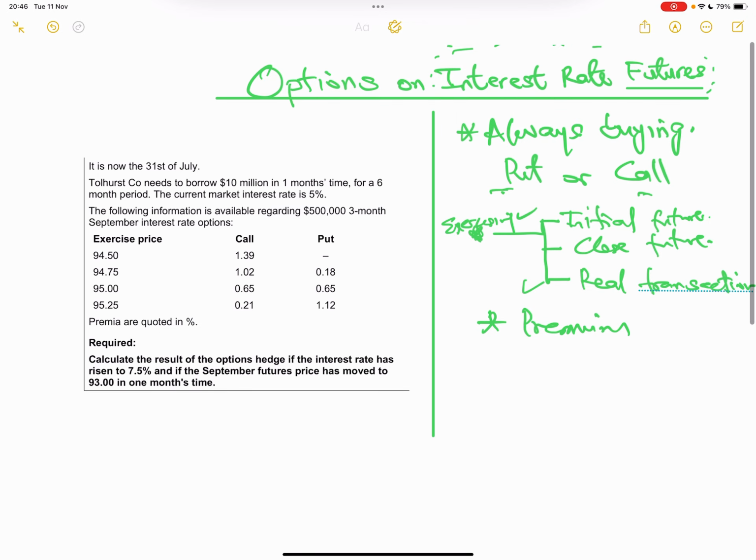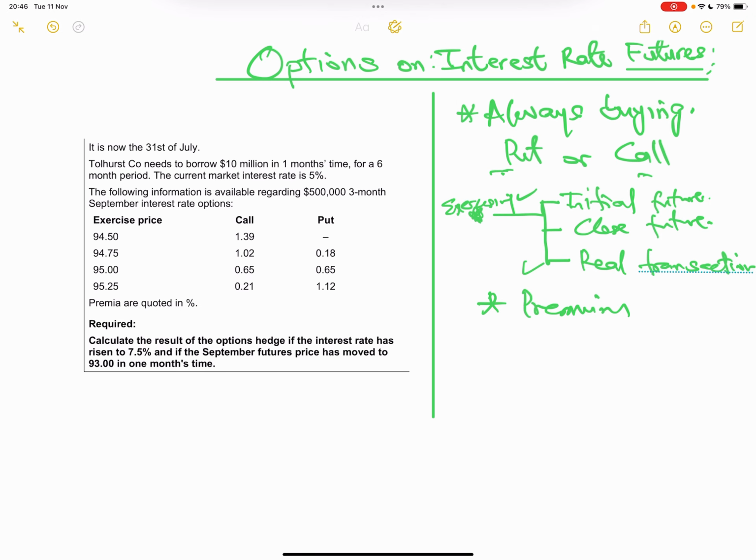So let me use this question to explain what options mean when we're talking of interest rate futures. Remember, you need to know whether you need a put or a call. That's the first thing you have to decide. Do we need a put or do we need a call? I'm going to explain it the same way I explained interest rate futures to you.